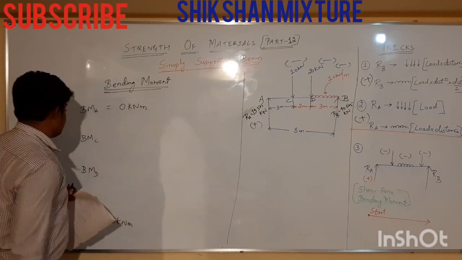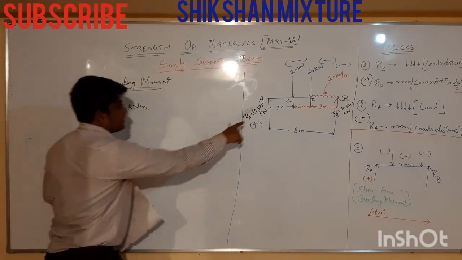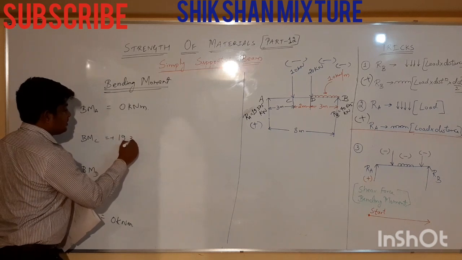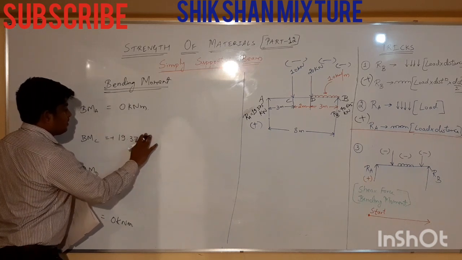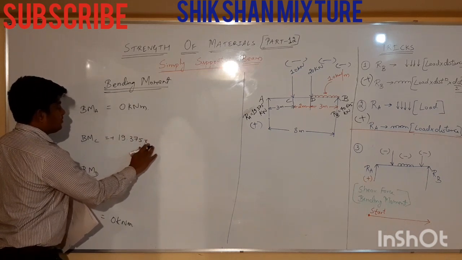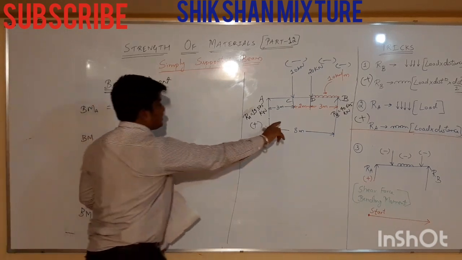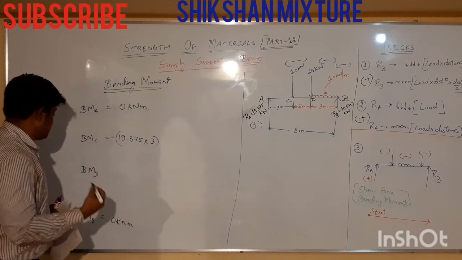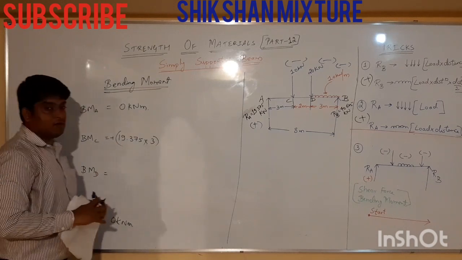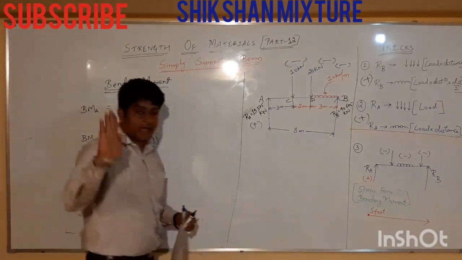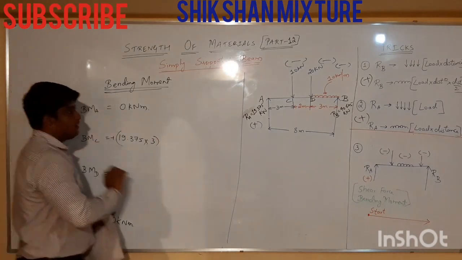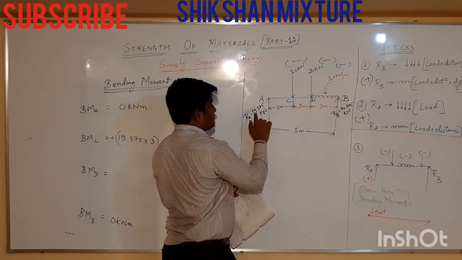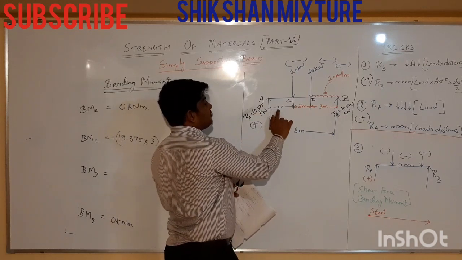See what the tricks say. Positive, negative, negative. Bending moment at C: 19.375 into what is the distance here? 3. Next, bending moment. Now place your hand on C because we are finding at C. I can see only this load, 19.375 into 3.